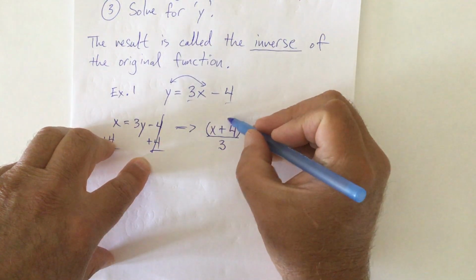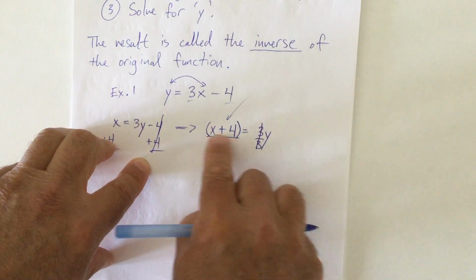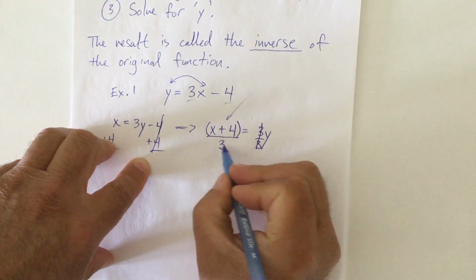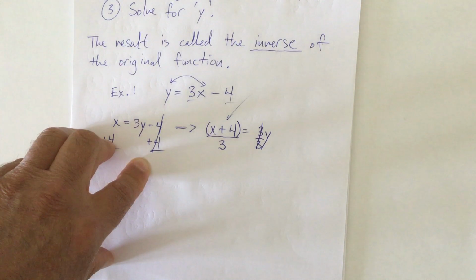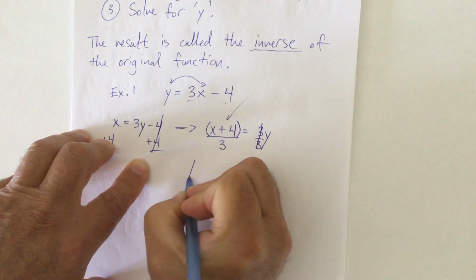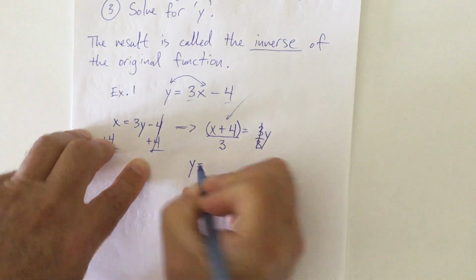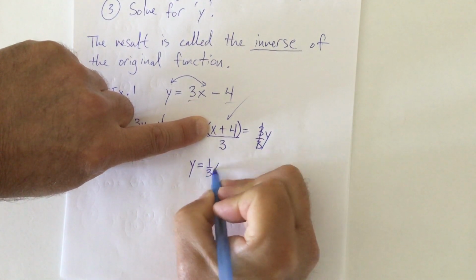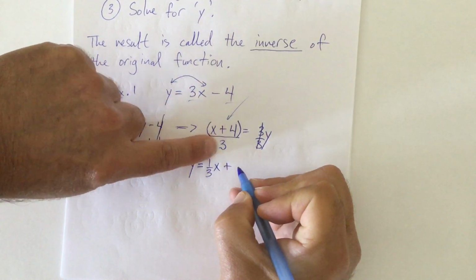So the calculator sees this as two separate things. You want the entire thing divided by 3. Now, what's the other way around that? Well, I could write it the way the book does. y equals, and in the book they said there's 1x. So they said 1/3 x plus 4/3.